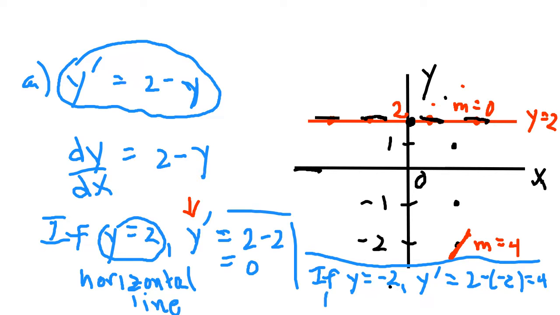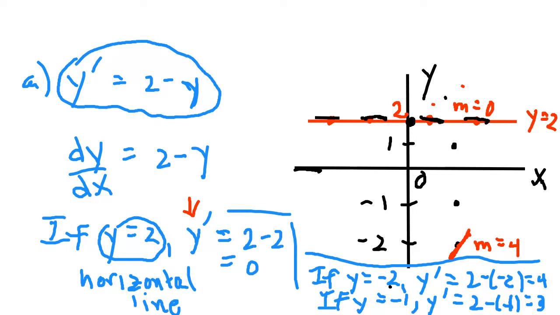What about if y equals -1? If y equals -1, what's y prime equal to? 3. That's right, because 2 minus -1 equals 3.